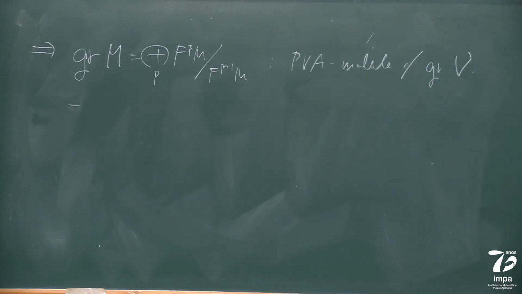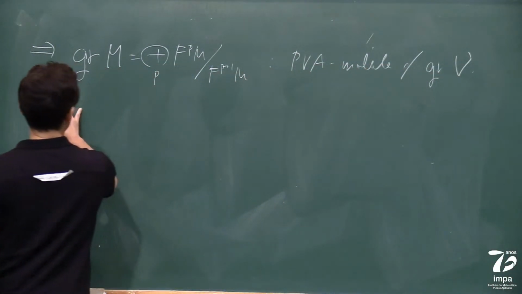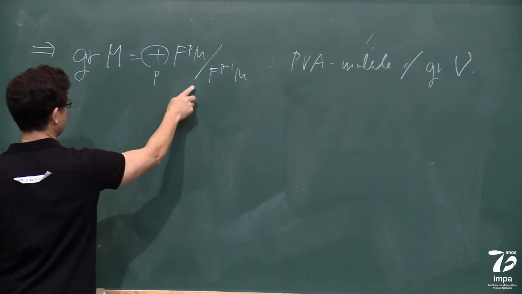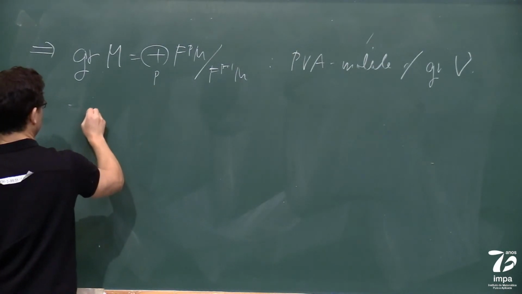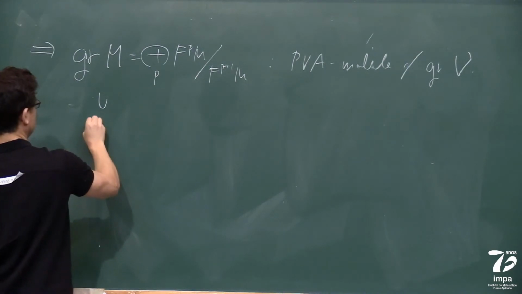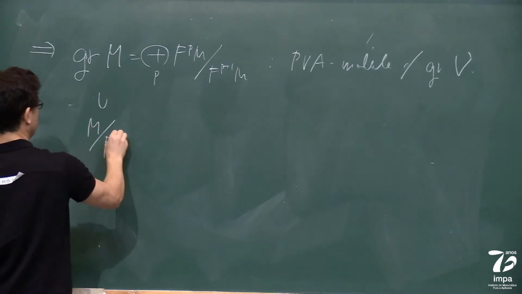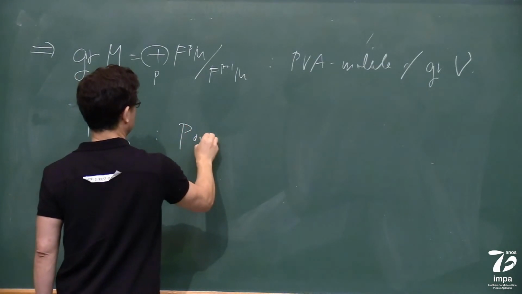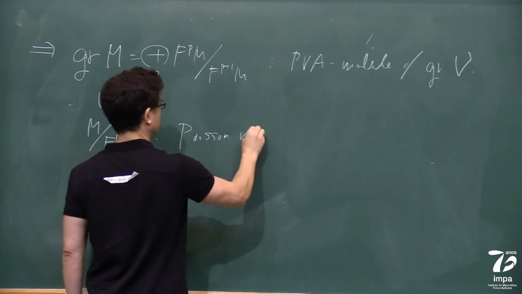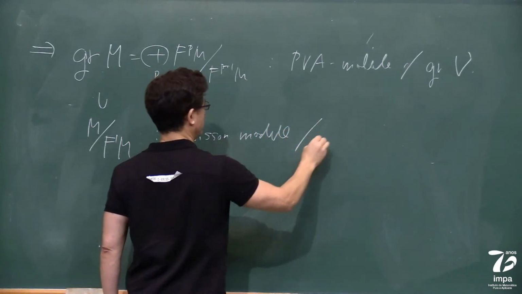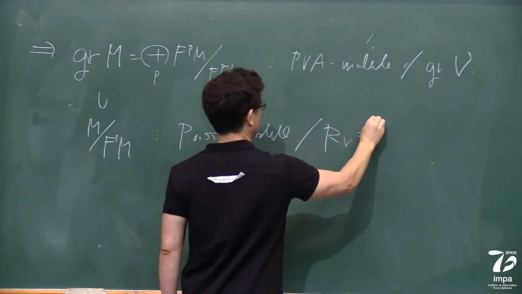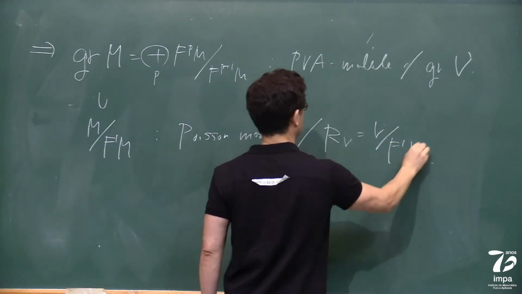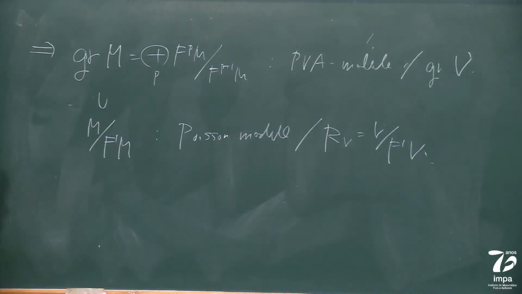I don't want to explain what a PVA module is, but you can easily guess. This in particular implies that if you restrict this action to the first component, namely M over F1 M, this is a Poisson module over RV. So what is a Poisson module?